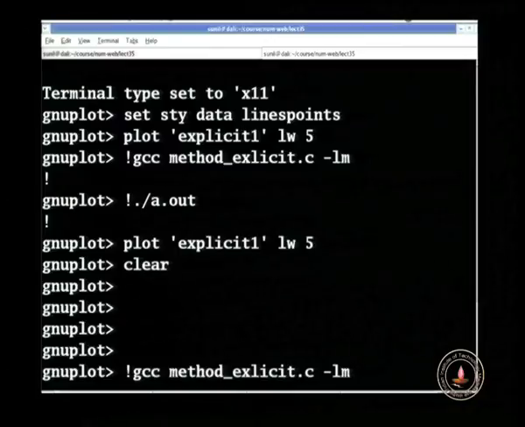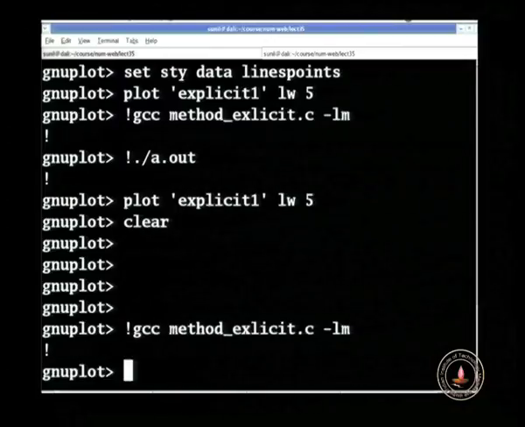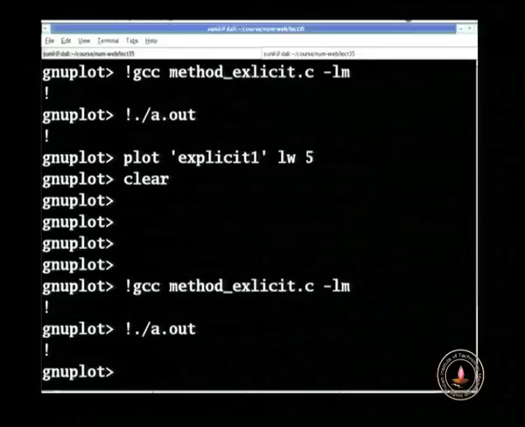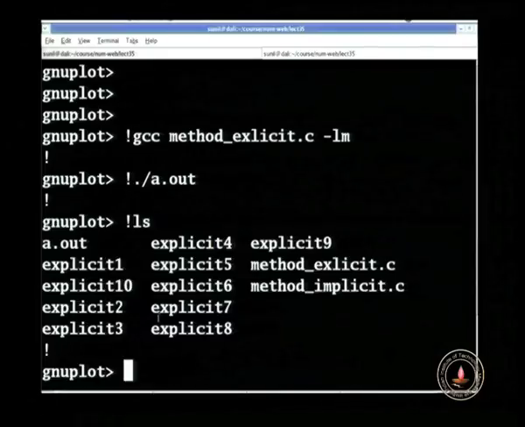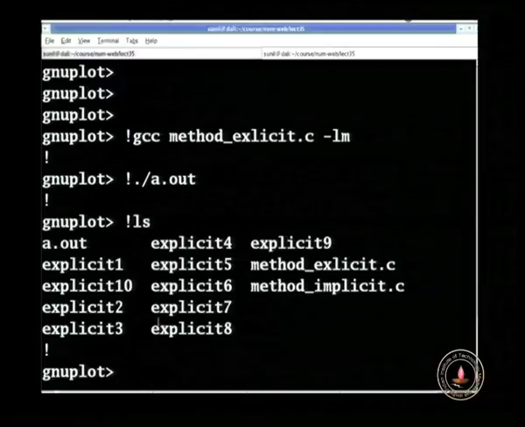We compile and run this program, and now we have all these data files written as explicit 1, 2, 3, 4, 5, etc. This corresponds to temperature at time 5, 10, 15 up to 50. So 0 to 50 is what we have.